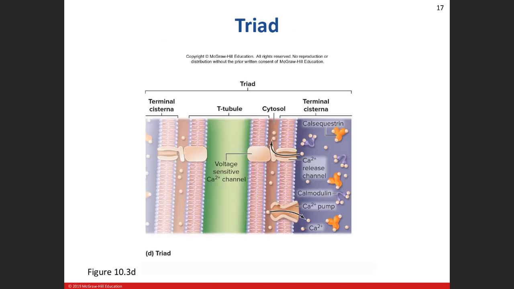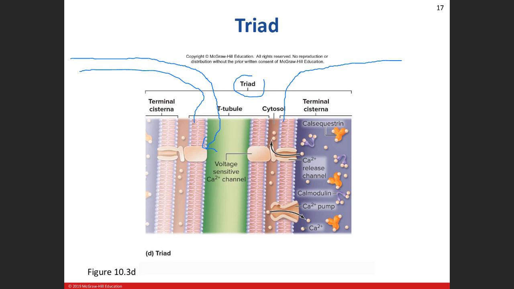So that's what this is talking about when we're talking about the triad: those two terminal cisterna and then the T-tubule in the middle. Our action potential will come down here. Just pretend that this is the sarcolemma, the plasma membrane. So our action potential travels down the sarcolemma, then it comes down into the T-tubule, and it stimulates the opening of the voltage-sensitive calcium channel.